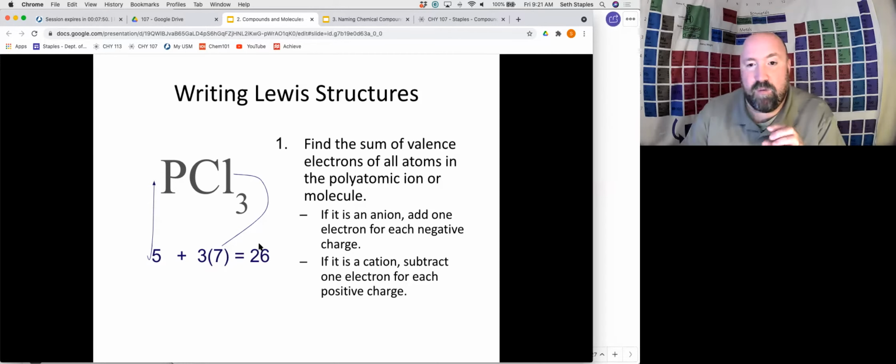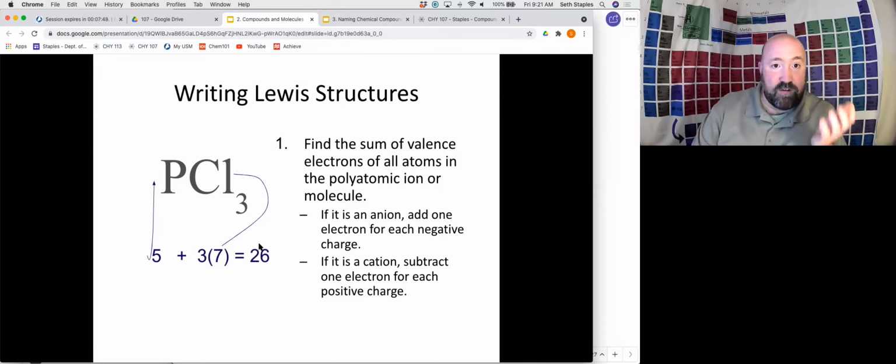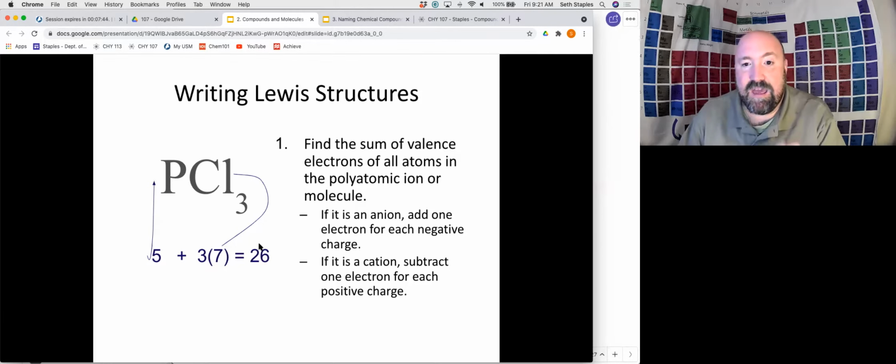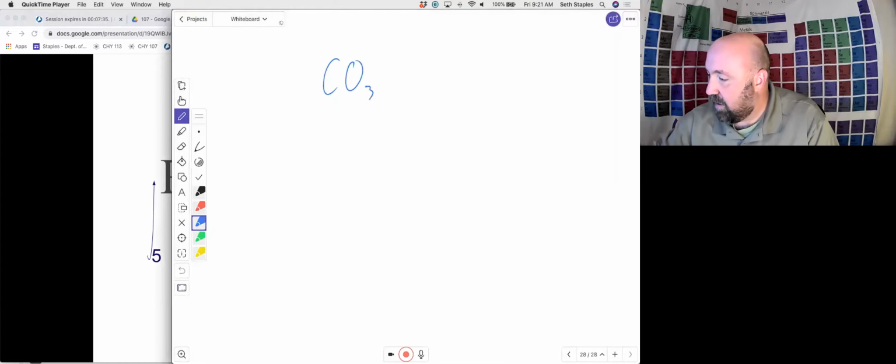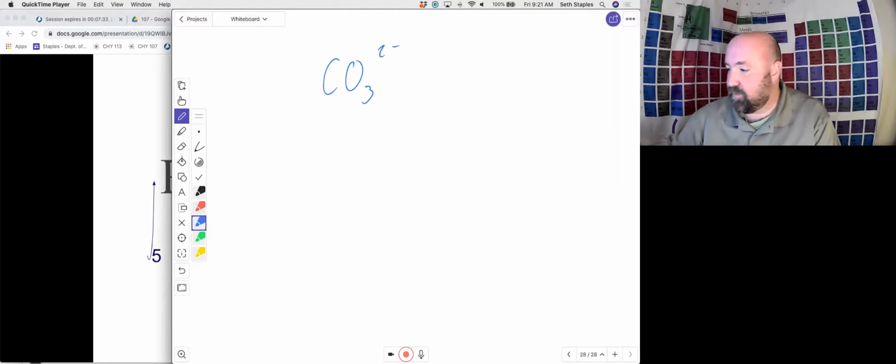Now, if you're working with a polyatomic ion that you're finding the Lewis structure for, if it's an anion, add 1 electron to this total count for each negative charge. So for instance, if you're trying to do the Lewis structure for our carbonate polyatomic ion, CO3 with its 2 minus, you're going to have carbon with its 4 electrons.